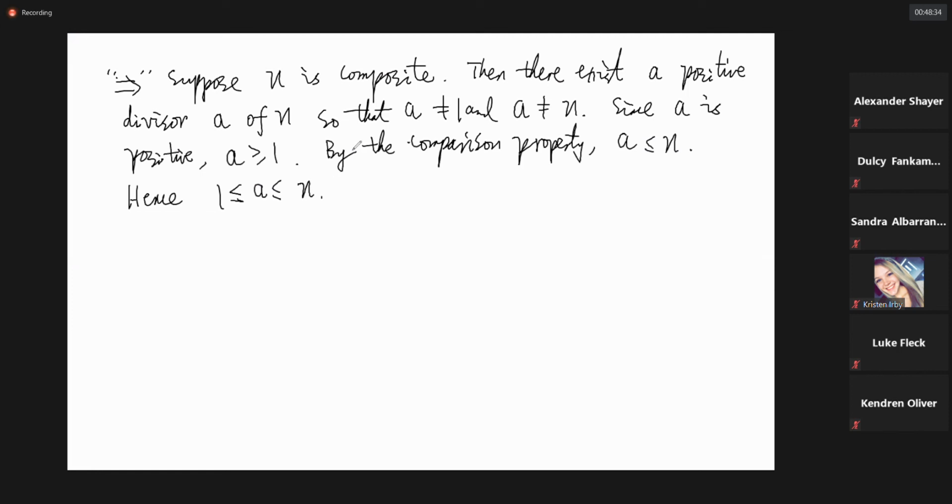Okay, but since a is not equal to 1 and a is not equal to n, we get a is strictly between 1 and n.